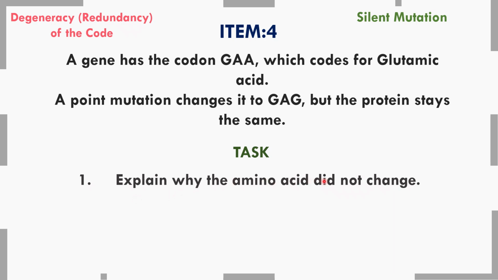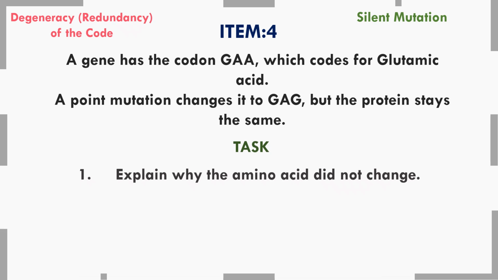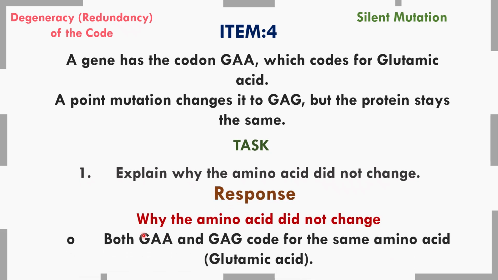Explain why the amino acid did not change. Why did the amino acid not change? Both GAA and GAG code for the same amino acid, glutamic acid.